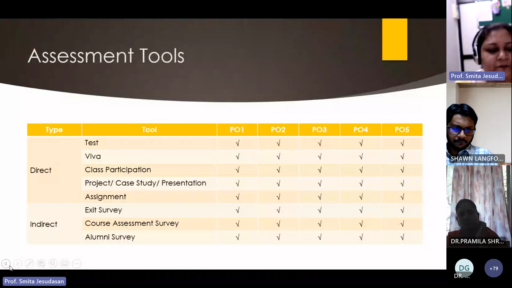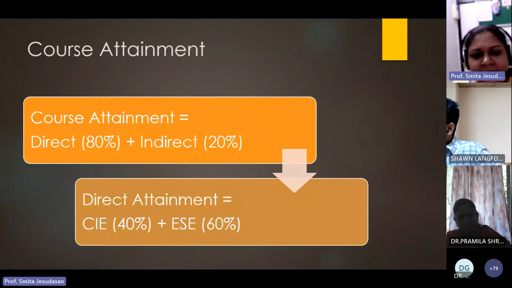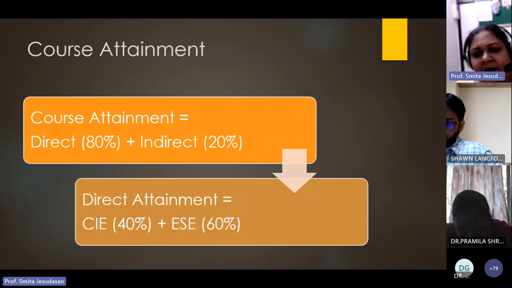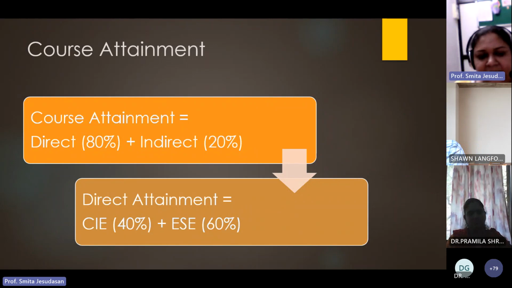Okay. Now, once we understand the direct tools and the indirect tools, when we take the administering part of the tools, the internal evaluation component will be administered by us. When it comes to indirect tools, the course assessment survey can be administered by us.